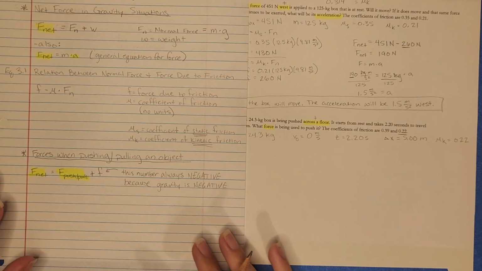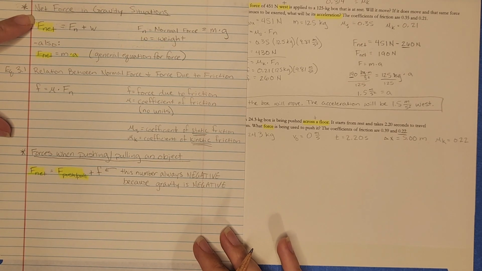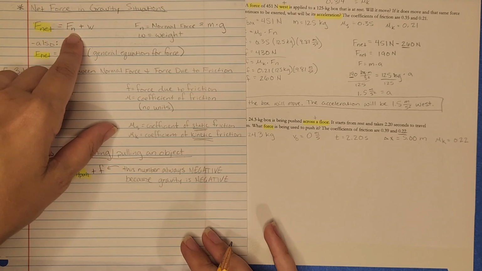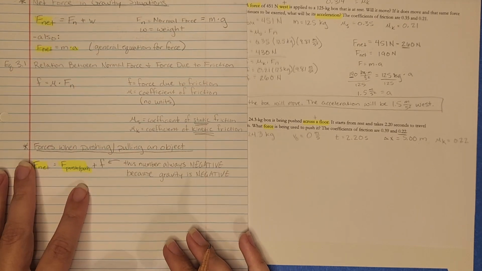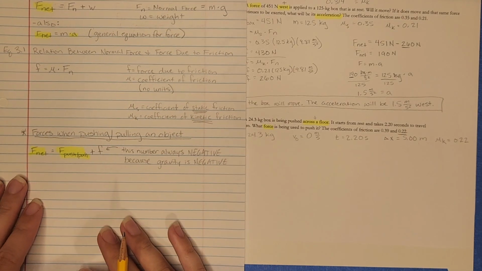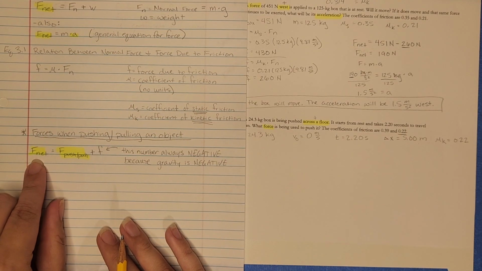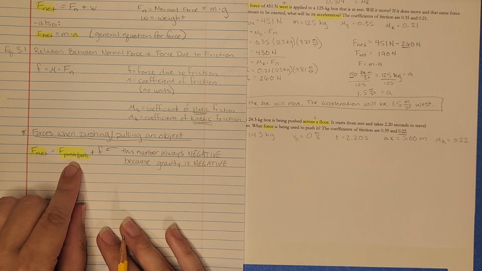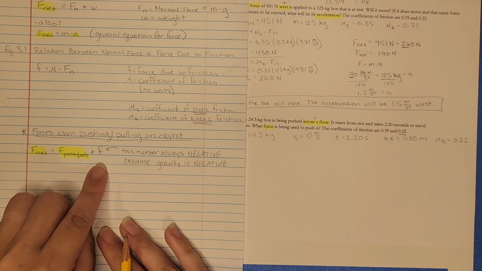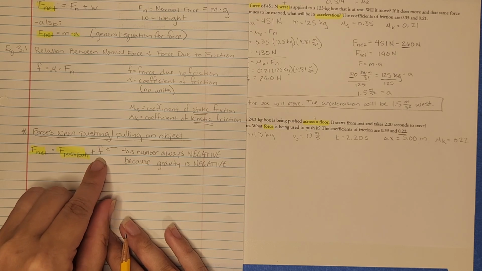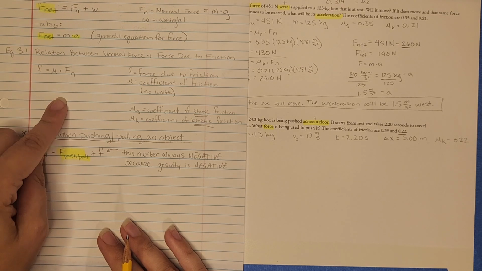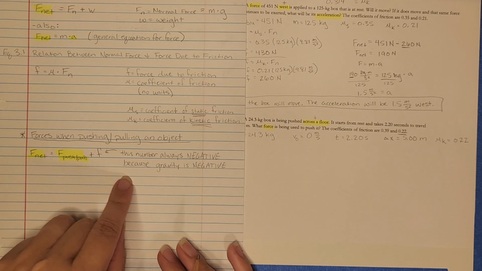This one is actually an adaptation of this one. It's an equation for net force, but there are different things going on. This one is just pure gravity happening, but this is when there's friction. My net force is whatever force has been used to push or pull an object, plus that force due to friction, which we previously got from equation 3.1. I also put myself a note here.